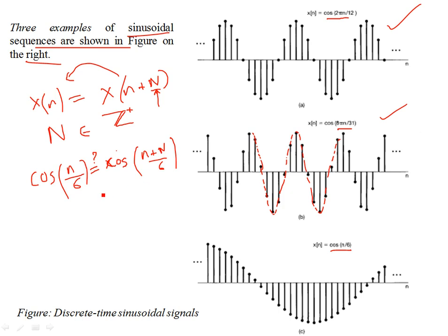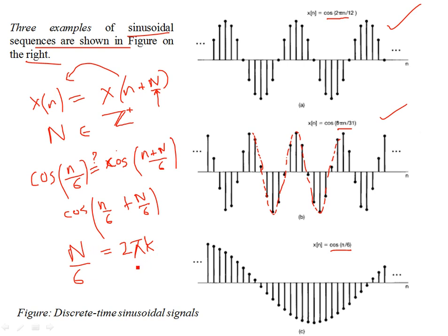Now, in order for this equality to hold, the right side of the equation can be written as cosine of n by 6 plus capital N by 6, and the constraint will be that this capital N by 6 should be equal to an integral multiple of 2 pi k, right? Where k is again an integer. It could be 4 pi, it could be 6 pi, doesn't matter.